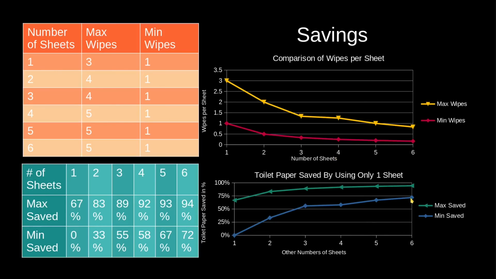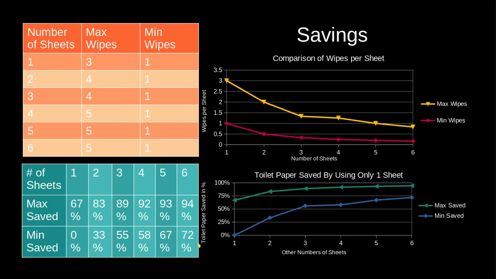The green line is basically graphing the difference between the red line and this point. Okay? And the blue line is graphing the difference between the points on the yellow line and this point at the beginning of the yellow line.